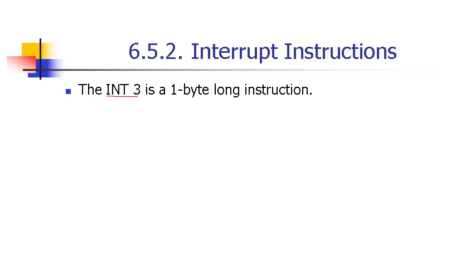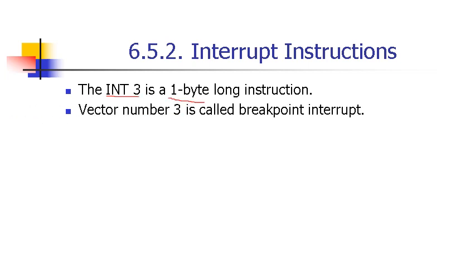Now INT 3, which is a 1 byte long instruction, gives you the ability to set a breakpoint inside your code. So if you need your code to run and stop at a very specific location to check whether the code is correct or not, you can use INT 3, which places a breakpoint whenever you write INT 3 into your program.